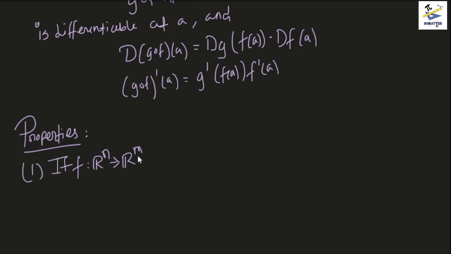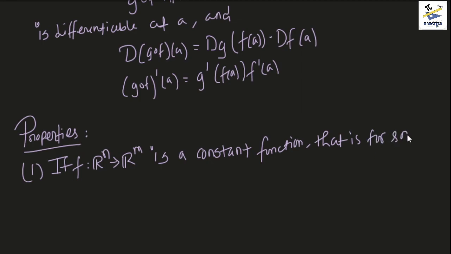If f from R^n to R^m is a constant function, that is, for some y belonging to R^m, we have f(x) equals y for all x belonging to R^n.